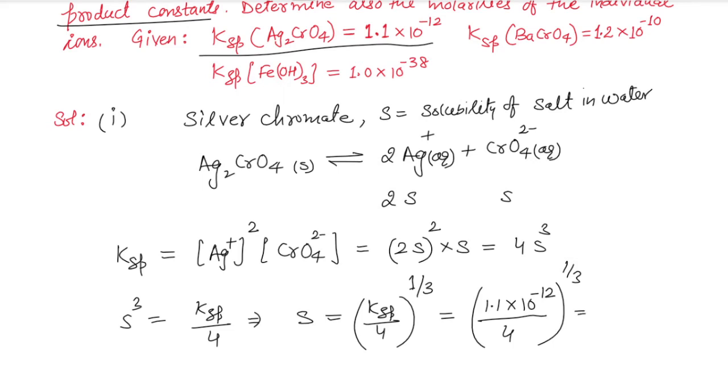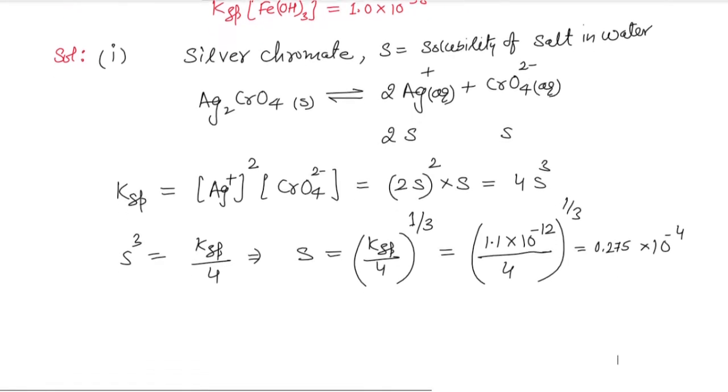Now 10 raised to power minus 12 means it becomes 10 raised to power minus 4 outside. Now 1.1 divided by 4 is 0.275 into 10 raised to power minus 4.